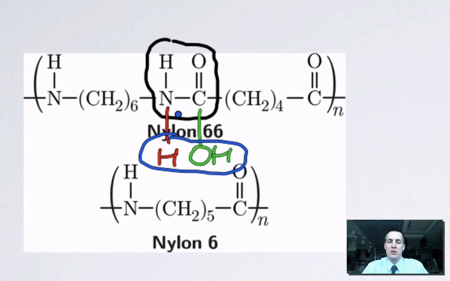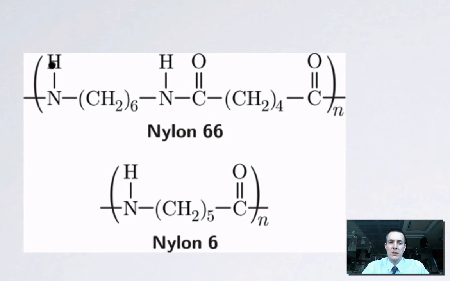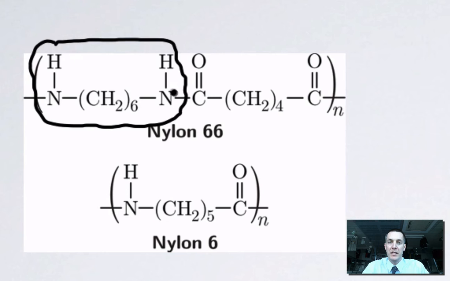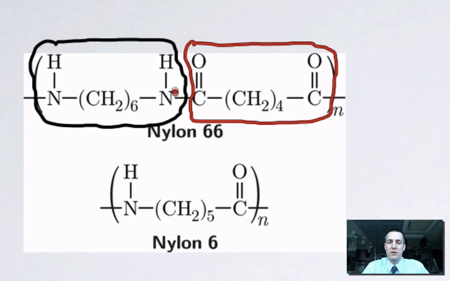Okay, so if you can see that, then hopefully you can also see that the monomers that we'd have used to make nylon 6,6 would have been this diamine, so a molecule with 2 amines on it, and this carboxylic acid. Remember, this was a carboxylic acid before its OHs fell off.